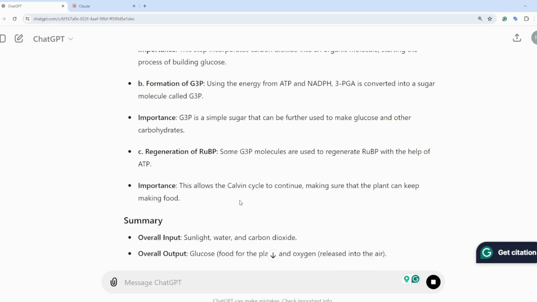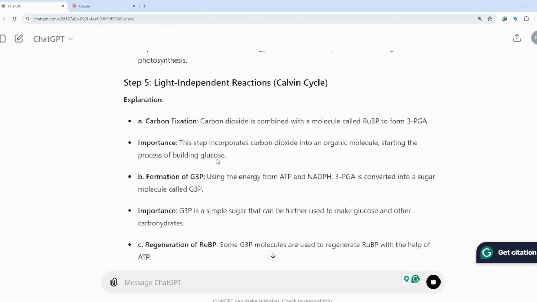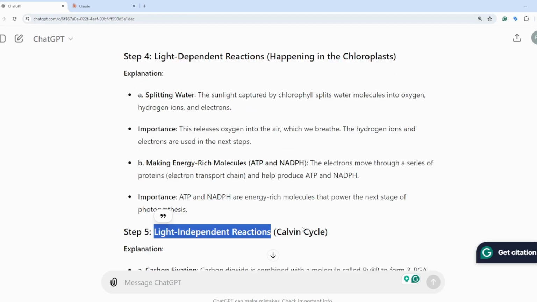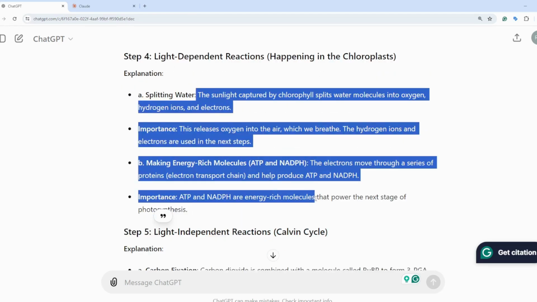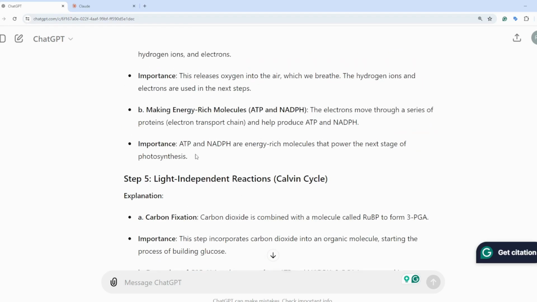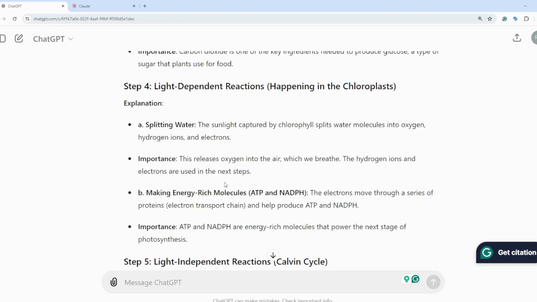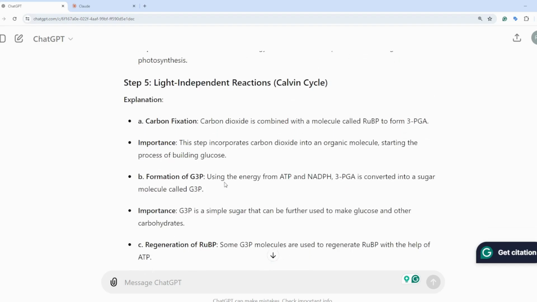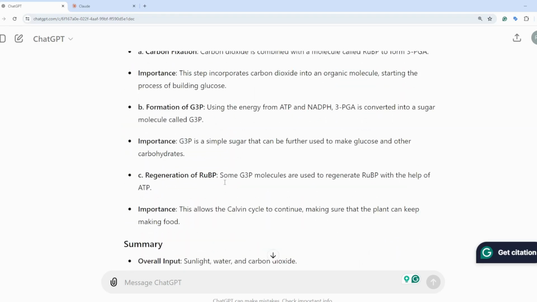Okay, so that's what we are getting. I think it's still writing, but we got the idea that yes, this is light dependent reaction. You can see there are no chemical equations here, because a class 7th student may not understand all these equations, so that's why it is not giving anything. So you have to be very precise while giving instructions or prompts to ChatGPT.